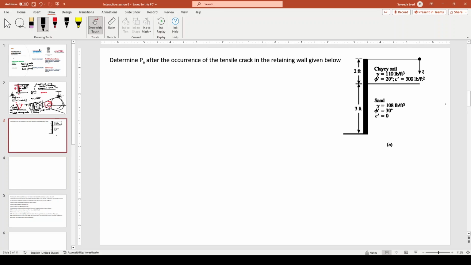See, the upper part is a clayey soil, and you know that in clayey soil we will have a negative earth pressure initially until the tension crack is developed, and then we get the actual forces in the active case, not in the passive case. So let us try to calculate that.